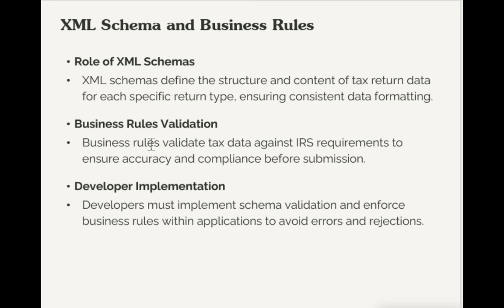So business rules ensure the data makes sense in the tax context, catching errors like missing information, mismatched data, or incorrect calculations at this stage. It validates the transmitted file against these rules after passing the initial schema validation. So you pass the schema, and then you also need to pass the business rules.